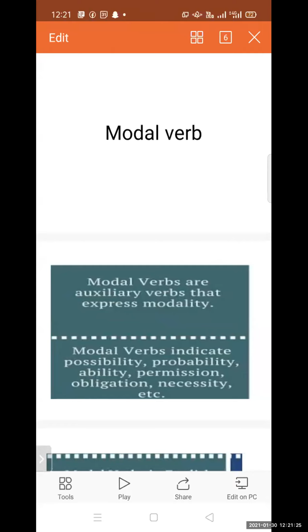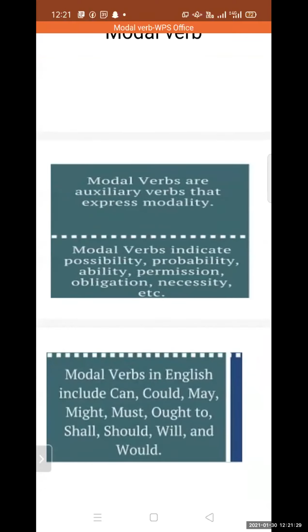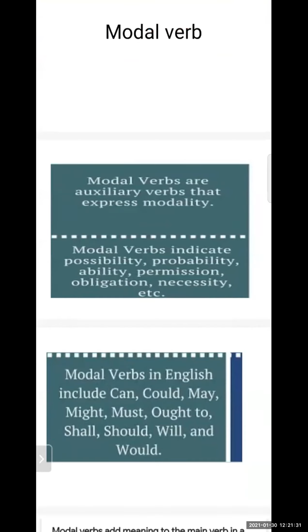Now, to represent the modal verbs, you need can, could, may, might, must. These are the examples which come under the modal verbs. These modal verbs are helping verbs.